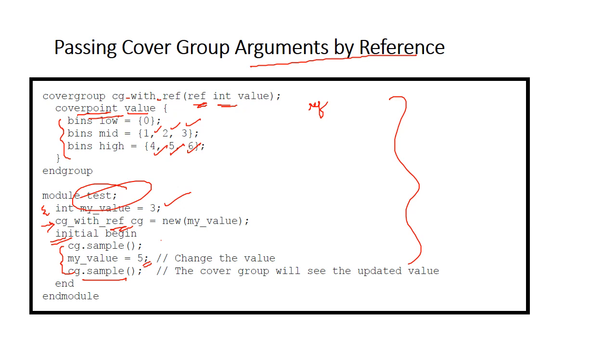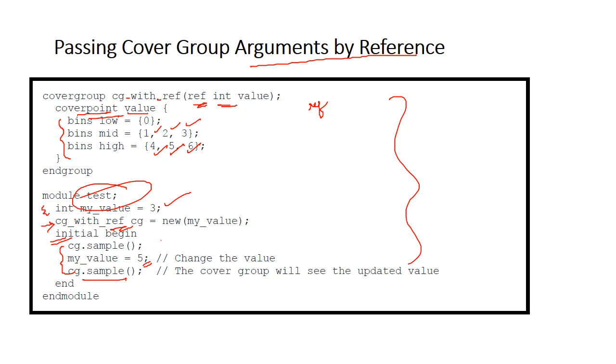Then next we have a cover group instantiation once again. The cover group instantiation is done something like this: cg_with_reference cg = new(my_value). This is going to create an instance of the cover group cg_with_reference and passes my_value by reference.